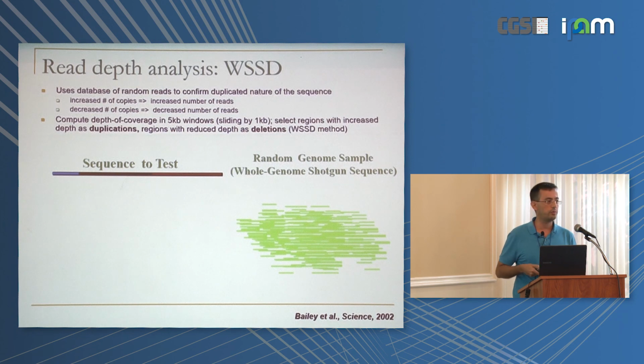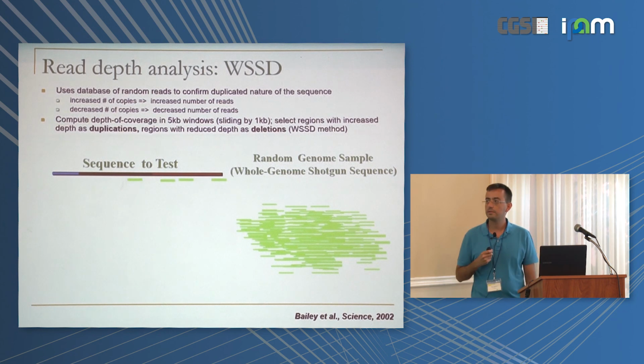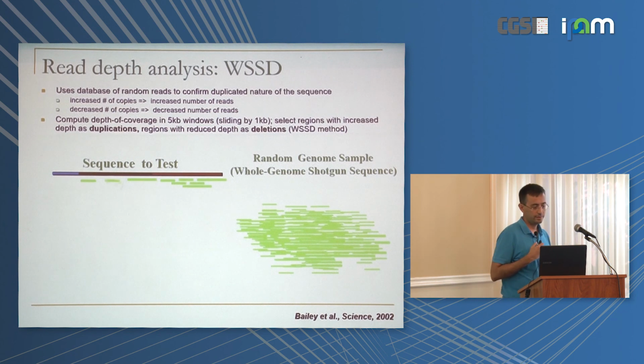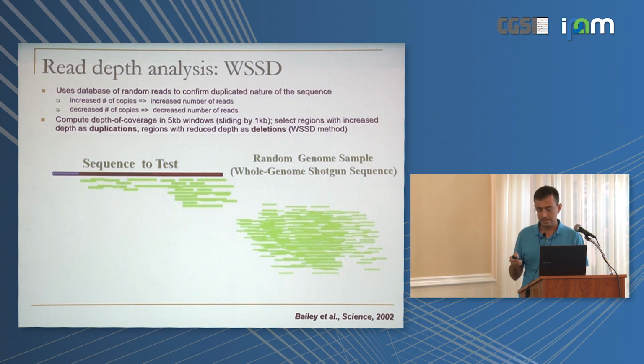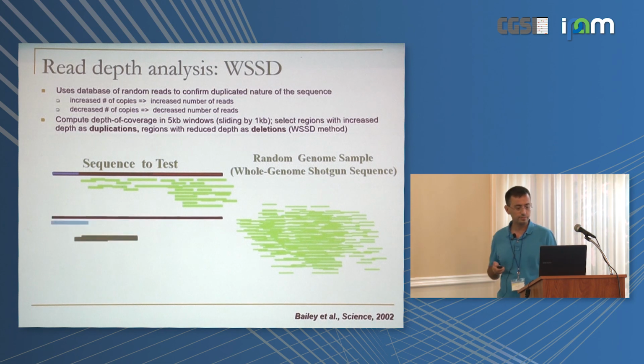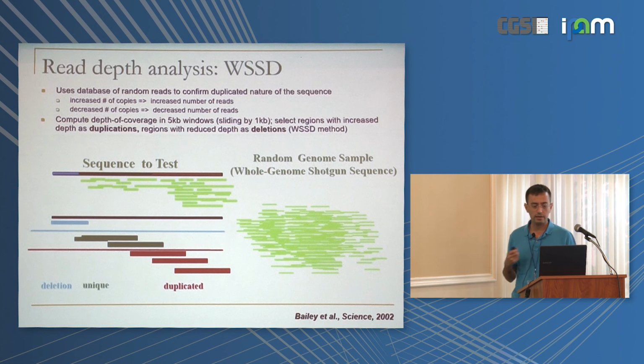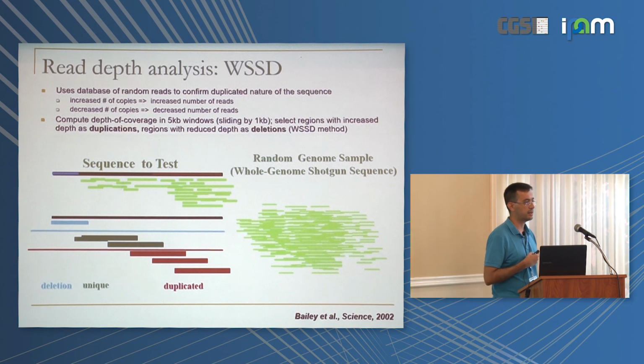This black region is normal, and the red region is duplicated. So when we map those reads, we are going to see a depletion, maybe no reads mapping to the blue region, some reads mapping to the black, and an increased number of reads mapping to the red. And then we count them using a sliding window. We can now identify the regions that are likely deleted and likely duplicated.